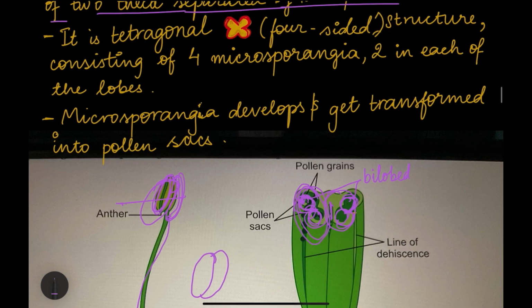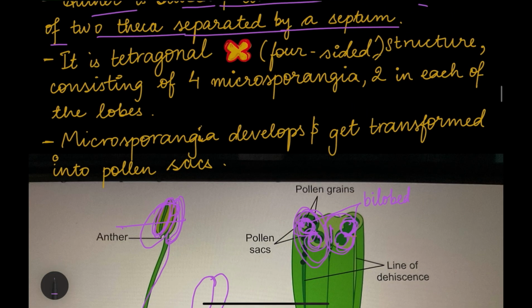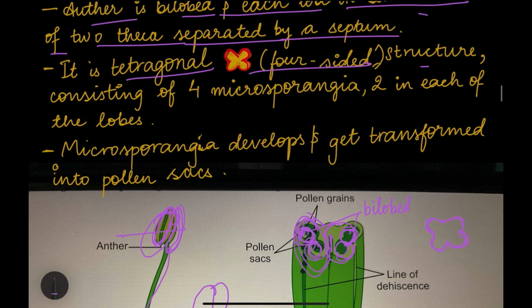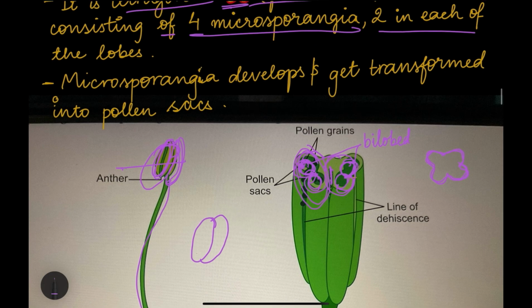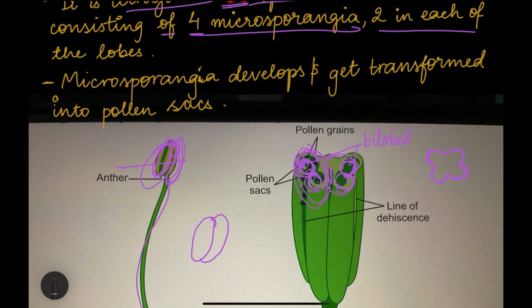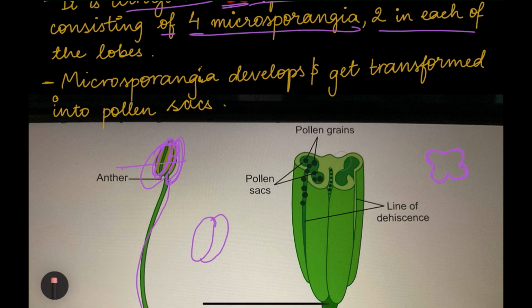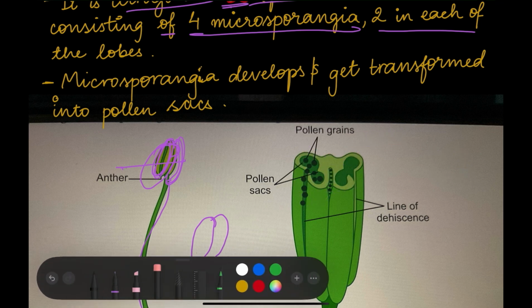It is a tetragonal, four-sided structure, somewhat like this. I know the drawing is not that good, but I hope you understand. It is tetragonal in structure, consisting of four microsporangia, two in each lobe. Now I'll show you.